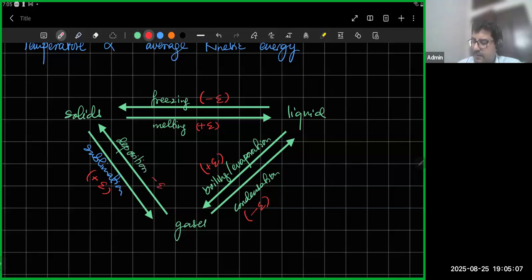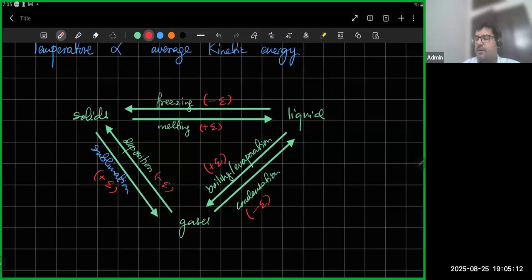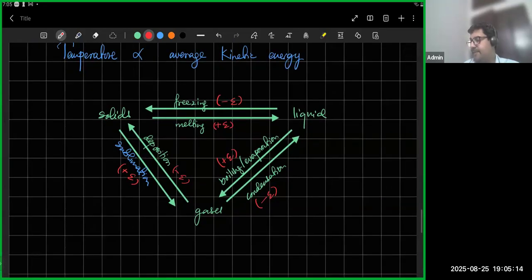So you need to know when particles are losing energy and when they're gaining energy. That question is very often asked, and surprisingly, a lot of people get that wrong. Solids are the ones that have low energy. Gases are the ones that have the most energy. And liquids in the middle have moderate amounts of energy.